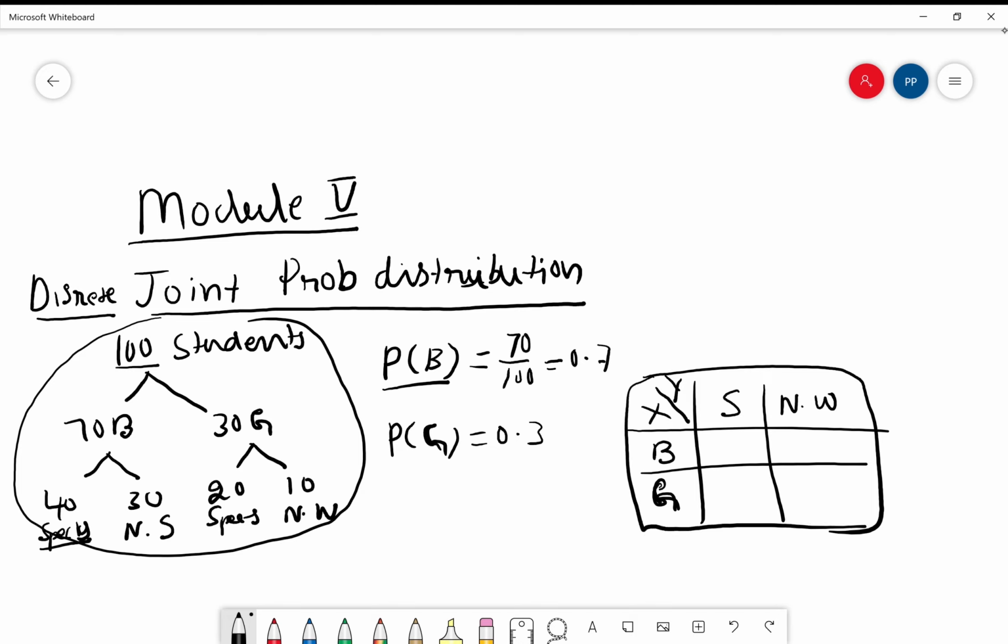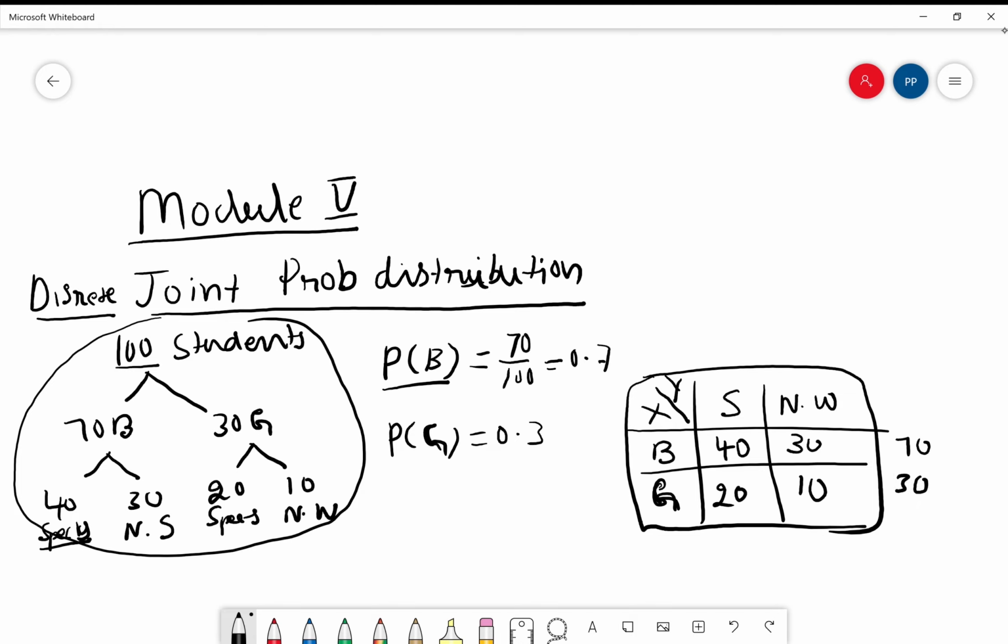How many boys are wearing specs? There are 40 boys. And how many are not wearing specs? 30. Similarly, how many girls are wearing specs? 20, whereas 10 are not wearing specs. The total number of boys is 70, whereas the total number of girls is 30.